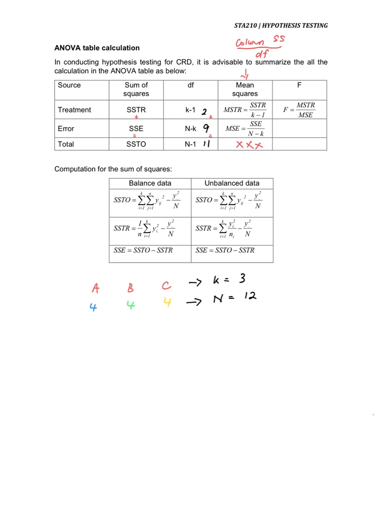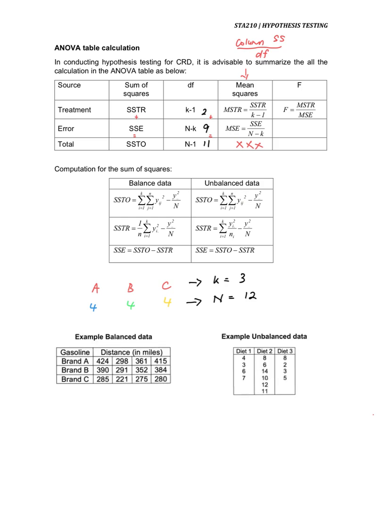Okay, so in order for you to complete the ANOVA table, you should know how to compute the value for the sum of square. So we have sum of square treatment, sum of square error, and sum of square total. The computation for the sum of square is divided into 2, because there are 2 types of data: balanced data and unbalanced data.